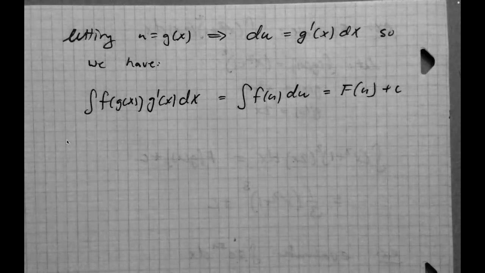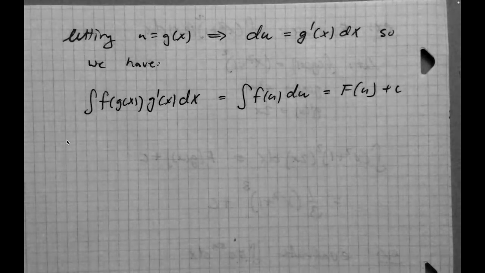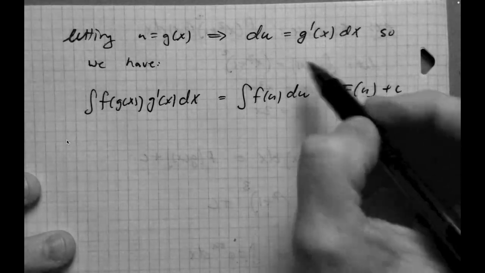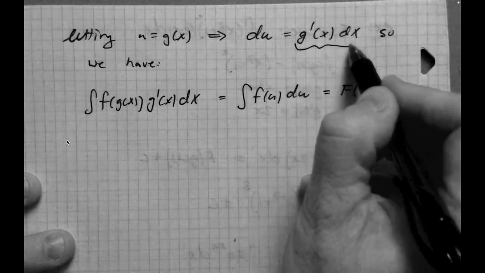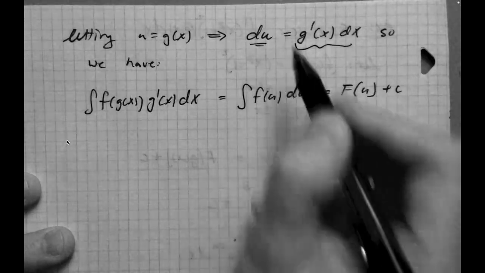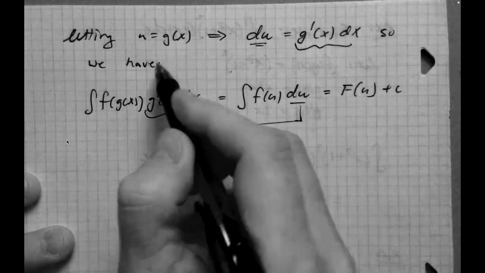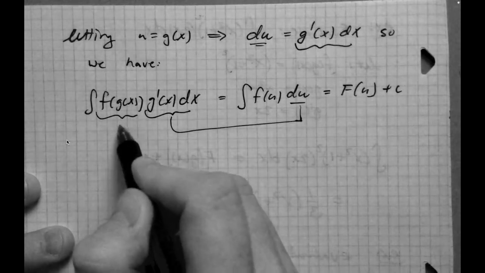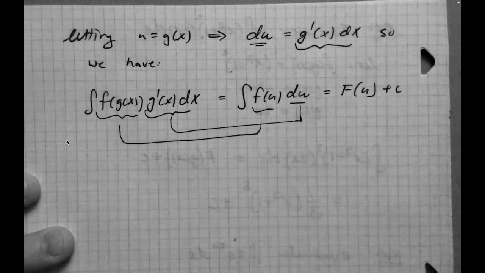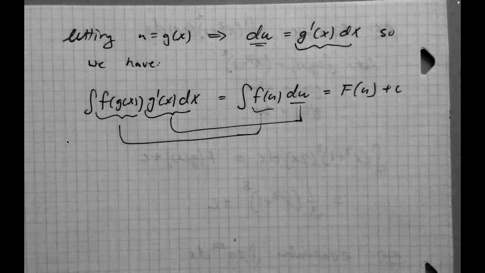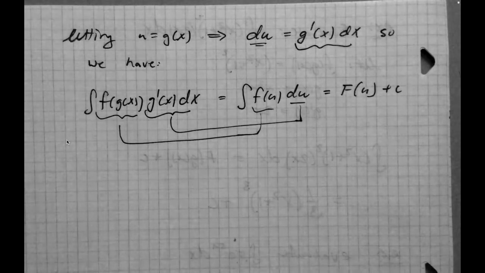So this is the formal setup. You can see that this part here is captured by this du, and then f of g of x is just f of u. So that's notationally how this change of variables works out.